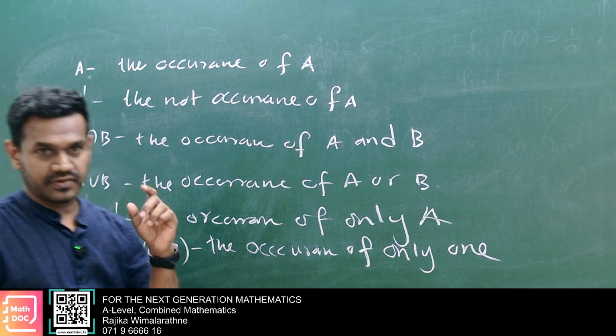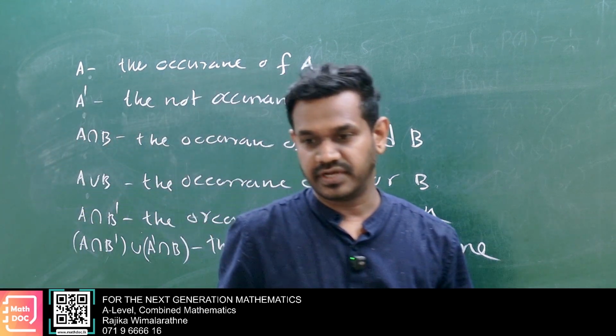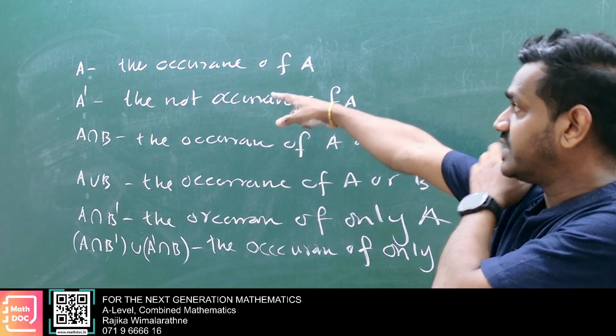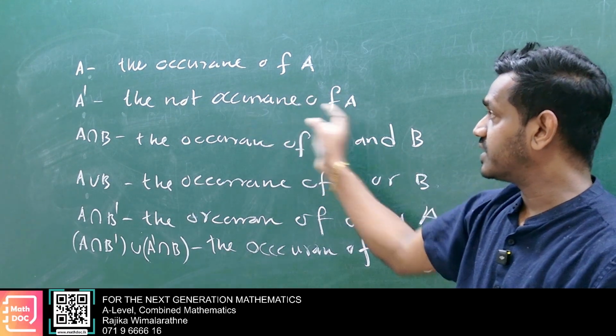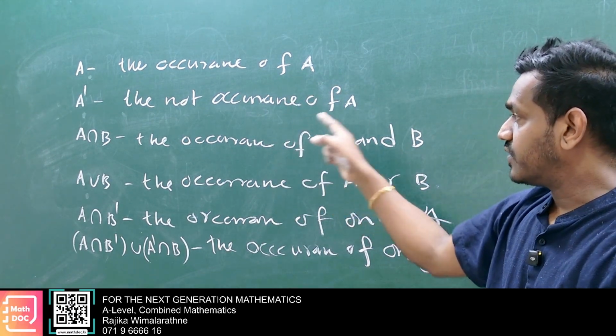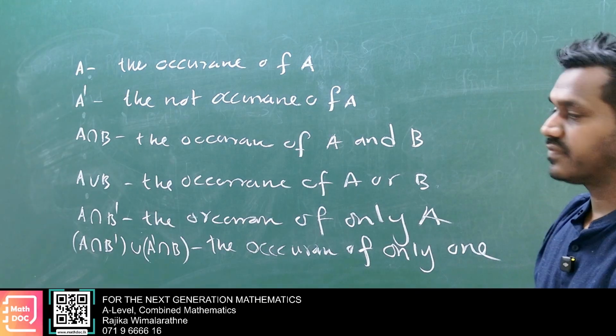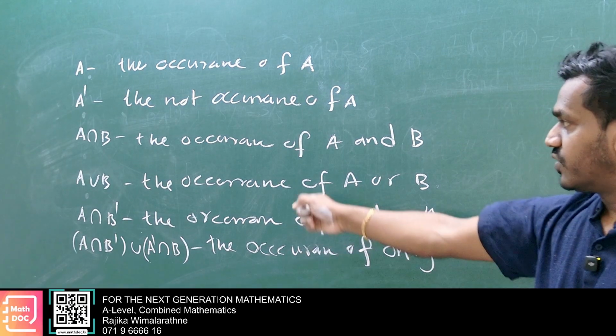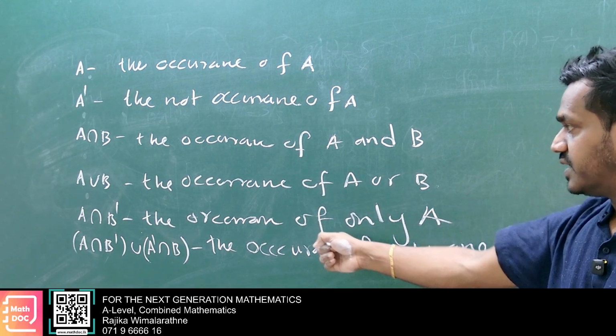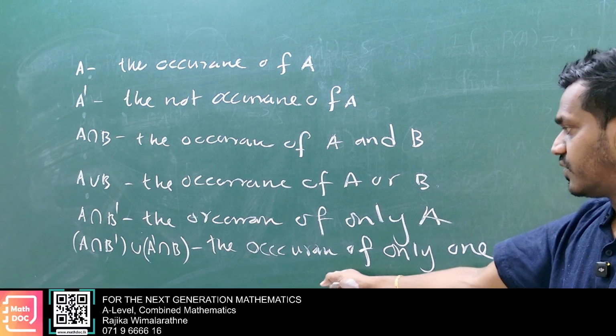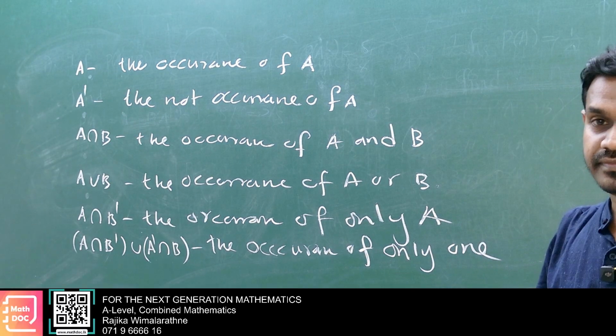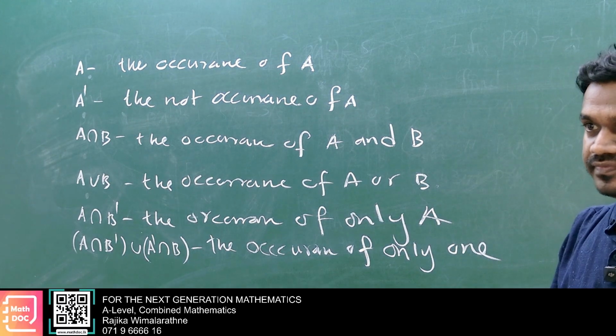Now here we only have events, no? First the occurrence of A, the not occurrence of A, the occurrence of A and B, the occurrence of A or B, the occurrence of only A, the occurrence of only one.